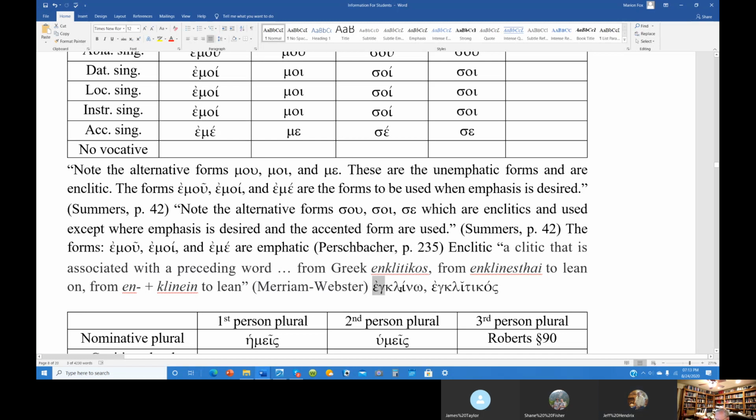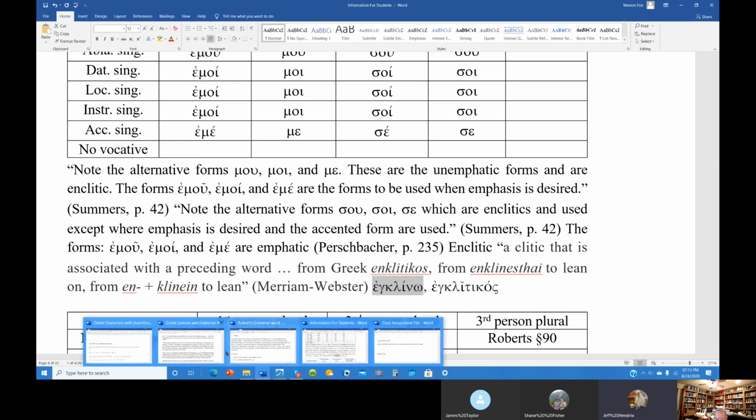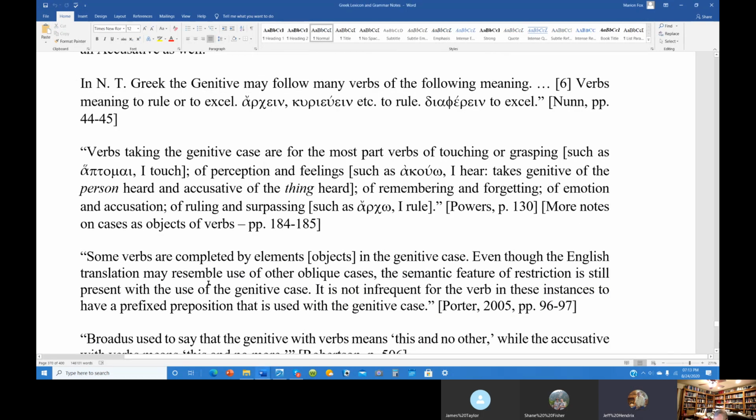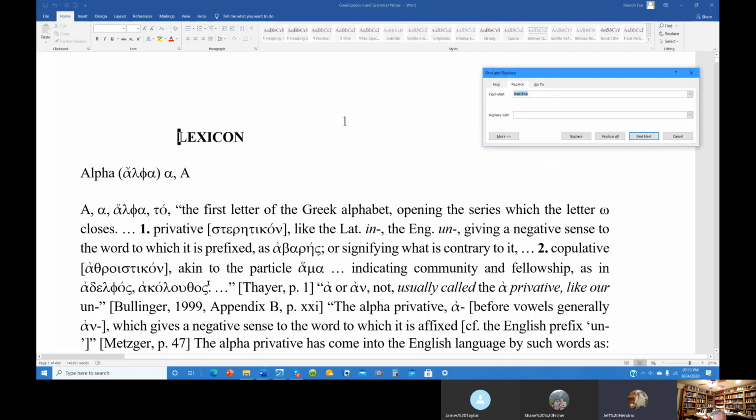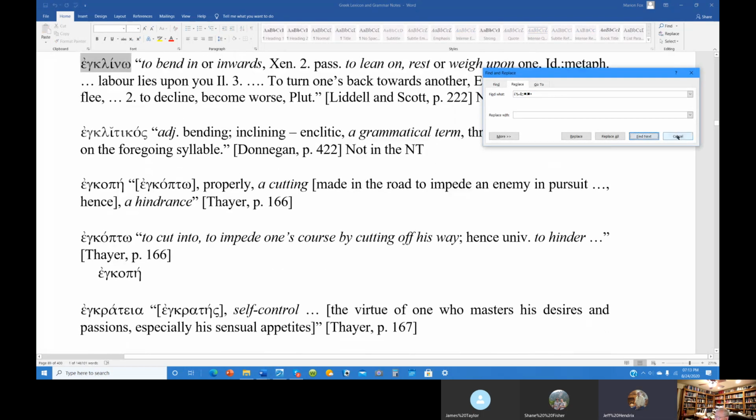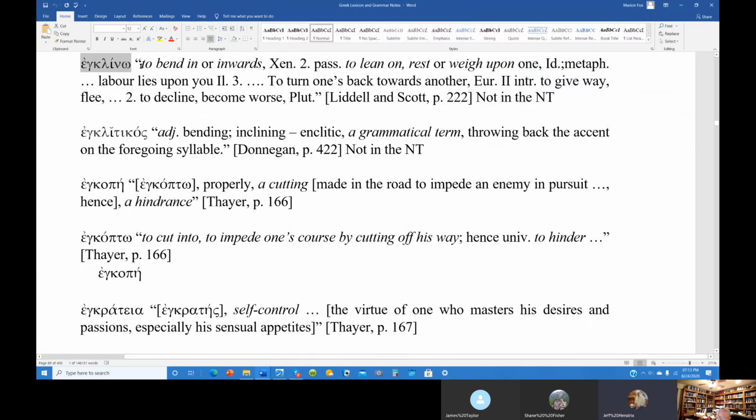It's from these two Greek words. Unfortunately, they're not in the New Testament. So I went ahead and got them and put them in our lexicon form, so we'll find them, and then we're just about through here. There's that word. It means to bend or lean towards.